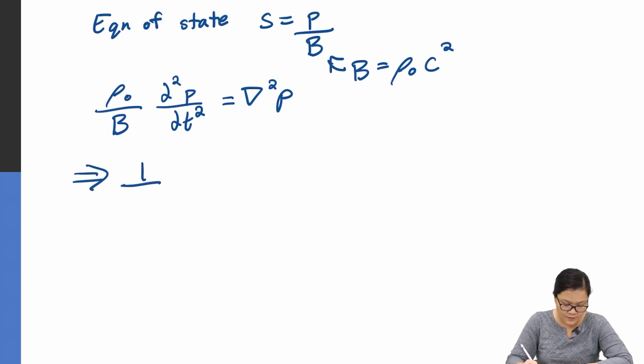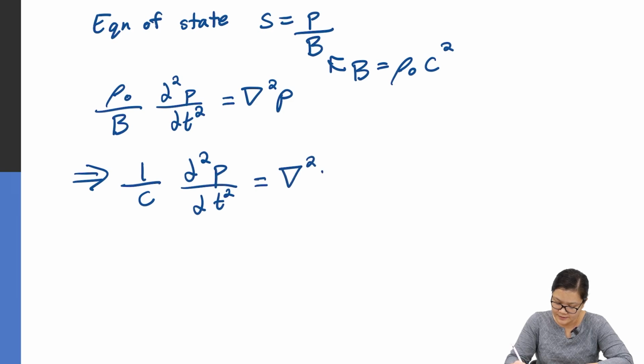So what we would get finally is 1 over c squared times the second partial derivative of pressure with respect to t squared equals the Laplacian of P. So our final linear lossless wave equation is this.